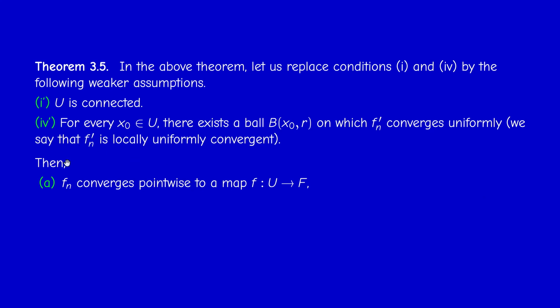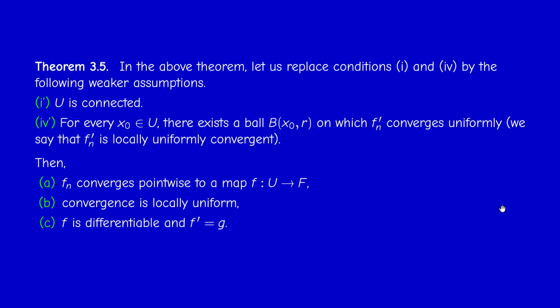And what are the conclusions? The first conclusion is the same: Fn converges, the original sequence is convergent, but in general we know that, so this is not the most important conclusion. The original sequence converges pointwise, and convergence is also locally uniform.